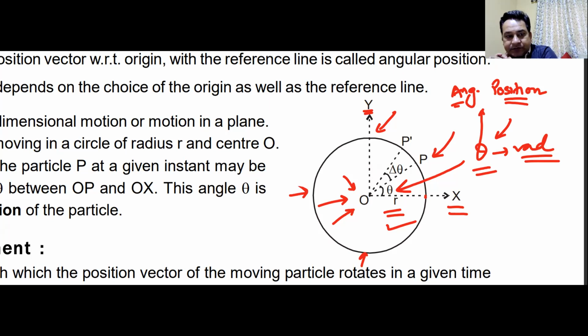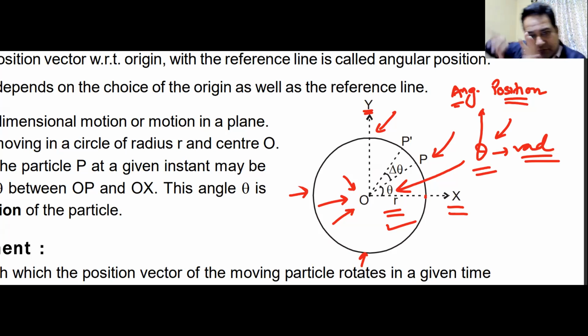Angular position. Now this angular position is doing the same thing in circular motion. Mark my words. This angular position is doing the same thing in this circular motion which position vector was doing in that previous thing. So this angular position is same as position vector. Position vector, angular position.